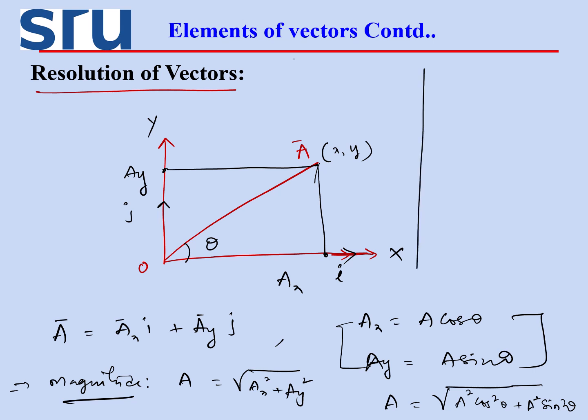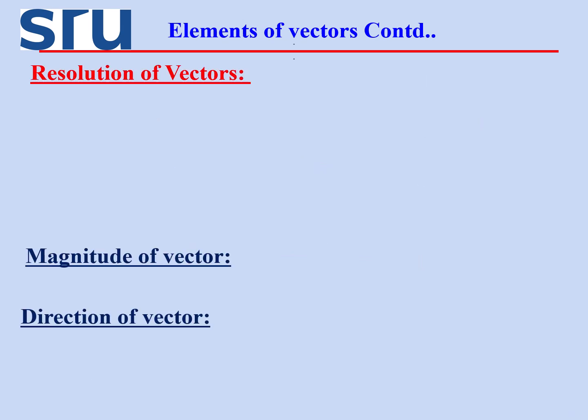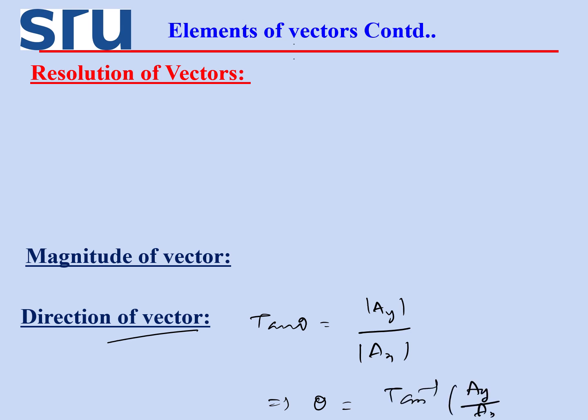And the direction of the vector: tan theta equals mod of Ay by Ax, or we can write theta equals tan inverse of Ay by Ax.